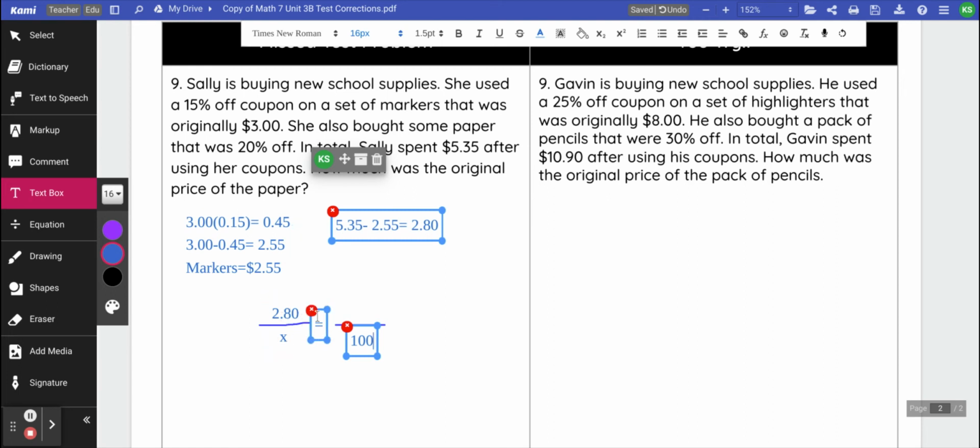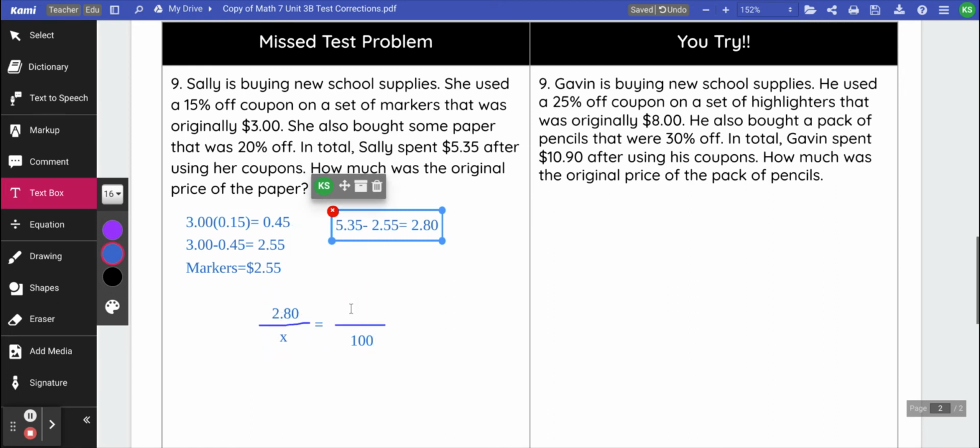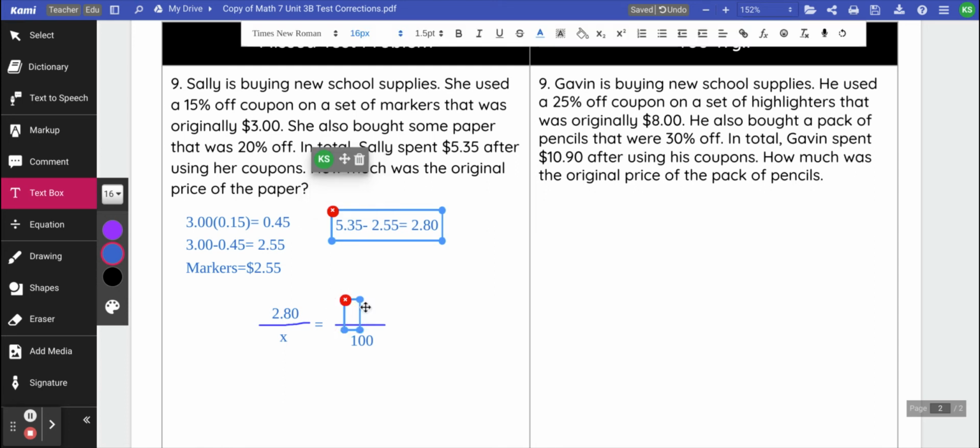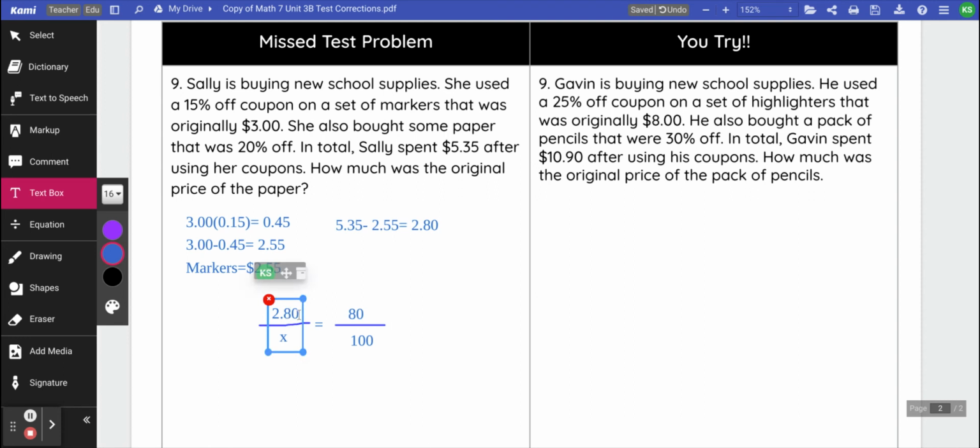The 2.80 is not the discount. The 2.80 is the final cost, after the coupon was taken. So we've got to think what percent of the 100 is the $2.80. If we got 20% off, that means the $2.80 is 80% of the cost, because that's after taking away the 20%.